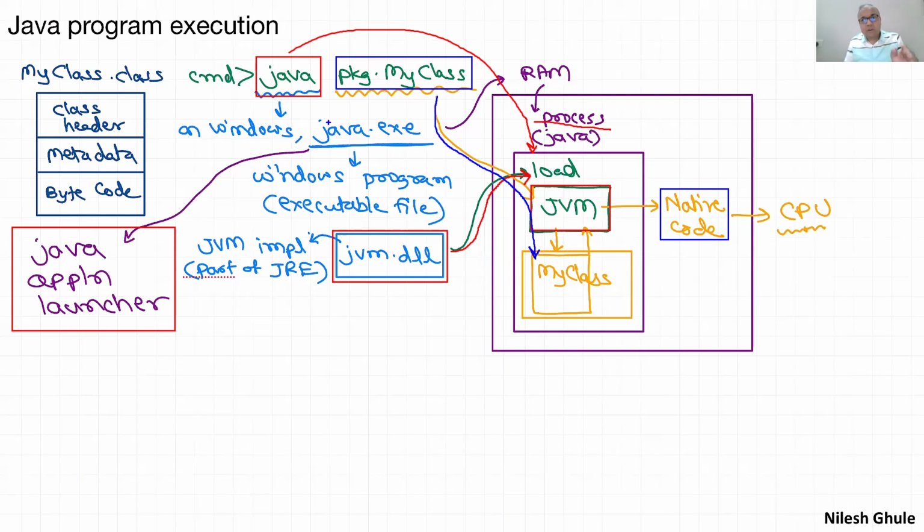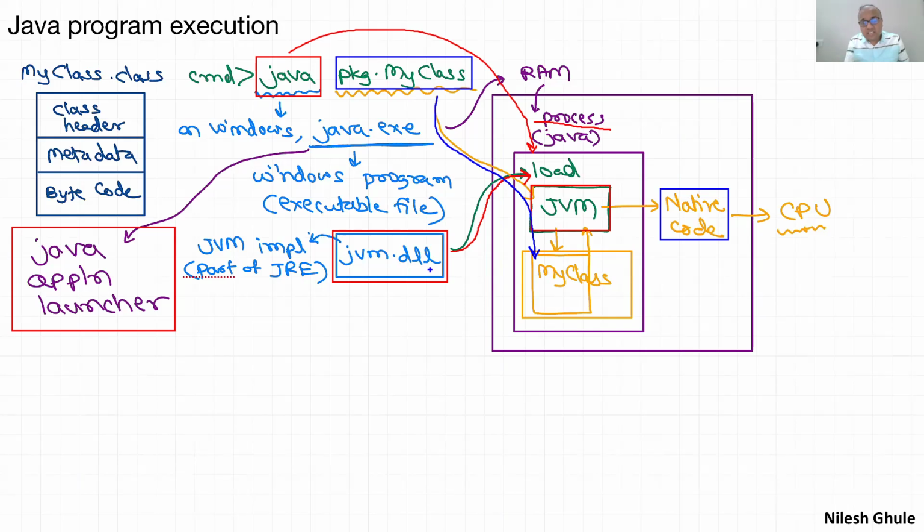When you run this Windows executable, its process will be created. Your java.exe will be loaded in the RAM by your operating system loader, and the java.exe process is created. Now, this java.exe is a normal process, but this process is designed for launching the Java application. And that is the reason the very first thing it will try to do is to load the JVM.